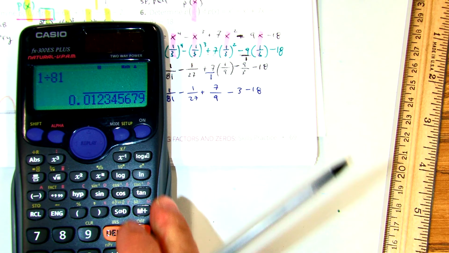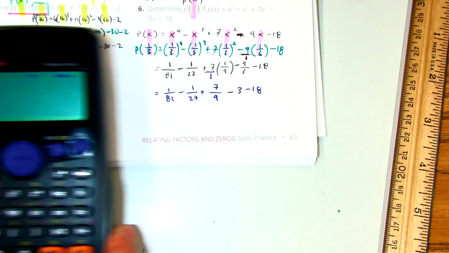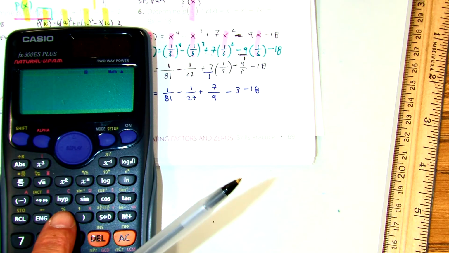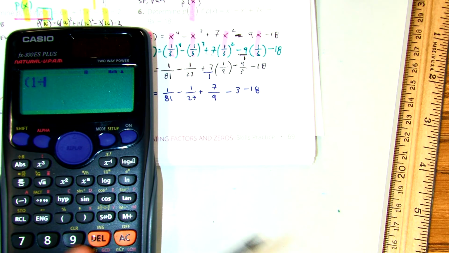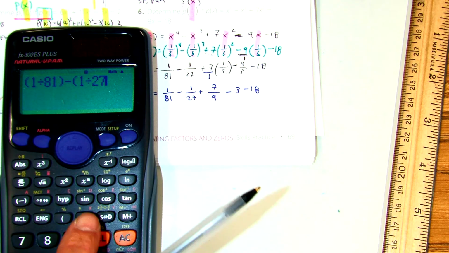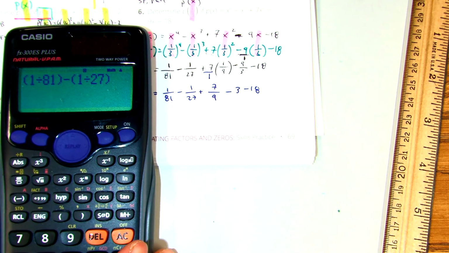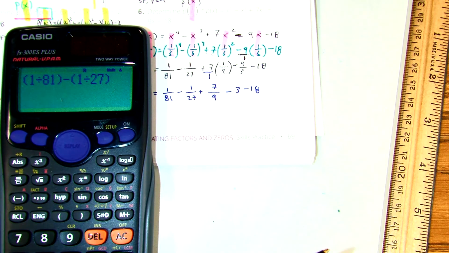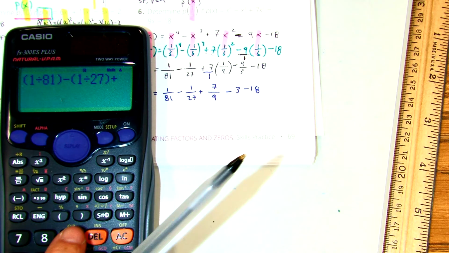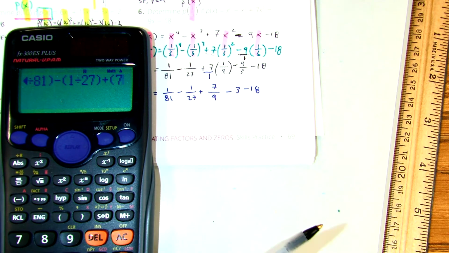Now, let's try with this calculator. Let's see if I can put all this in at once. I'm going to use parentheses. 1 divided by 81 minus parentheses 1 divided by 27. Close the parentheses. Plus parentheses 7 divided by 9.